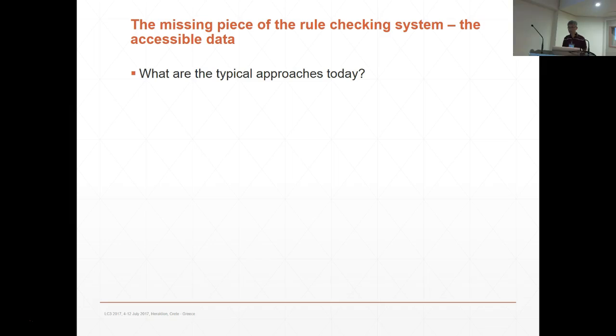So what are the typical approaches today? If you look at what has been done and what is available today, there are several ways of approaching the data. One is to use a native IFC or EXPRESS data store like EDM Server or even BIMserver.